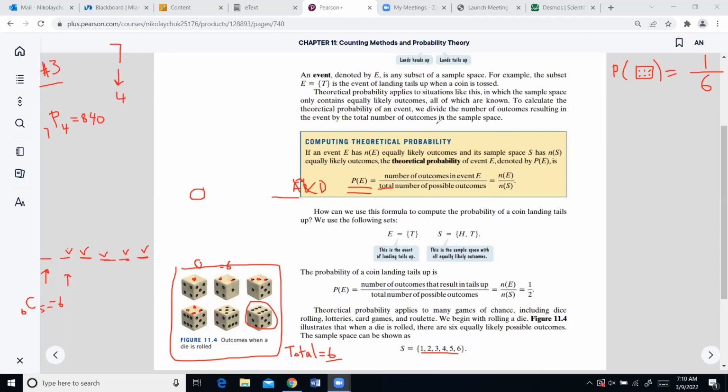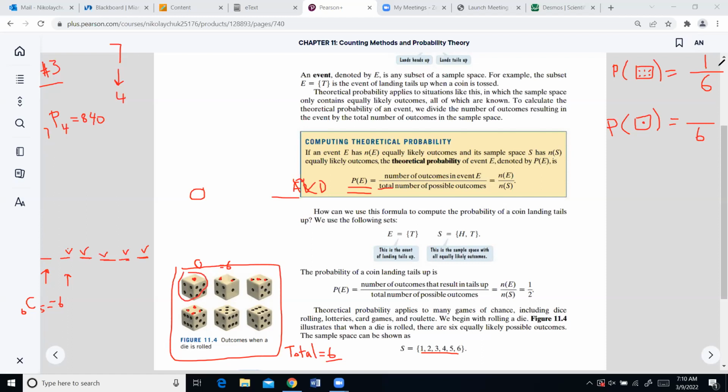Well, let's get another one like that. So for example, what's the chance that you're going to roll this same exact die and get a 1 only, out of 6 choices? How many ones do we see here? I see only 1 of them, which is right here.